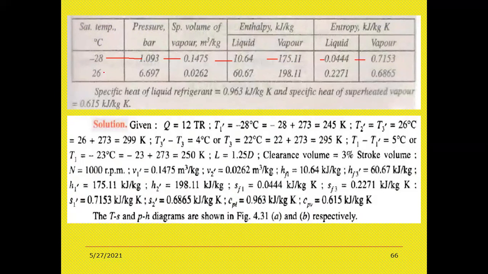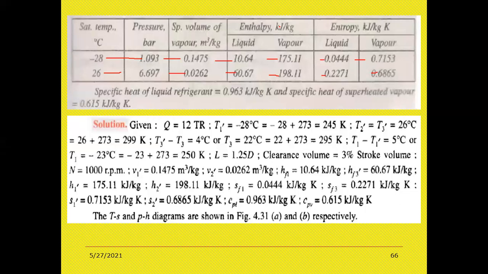Coming to the other saturation temperature, 26 degrees centigrade, the pressure is 6.6 bar, the specific volume is 0.0260, the enthalpy is 198.2, and the entropy is 0.6. So this is the total given question for the problem.